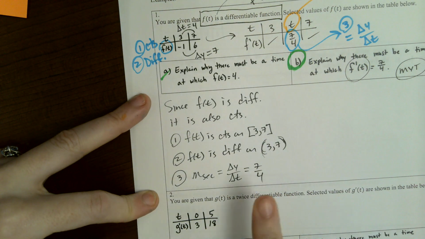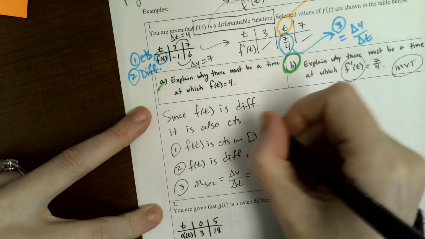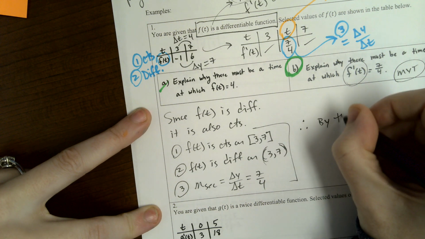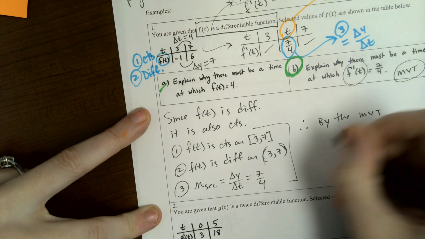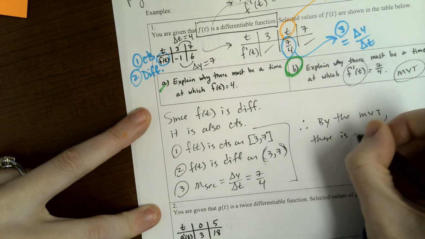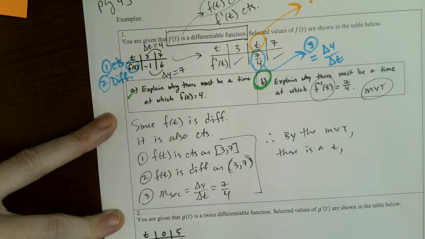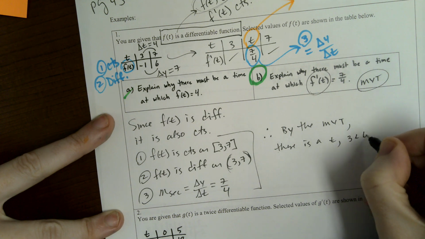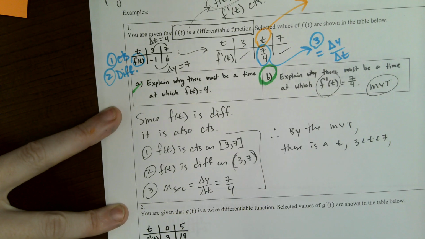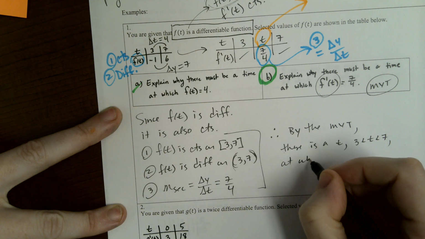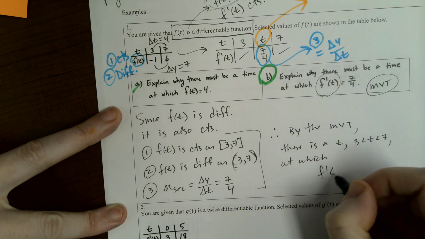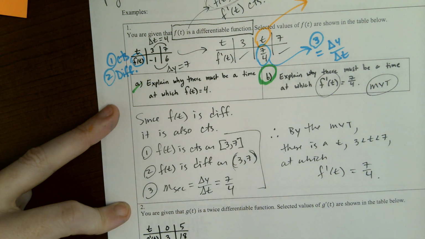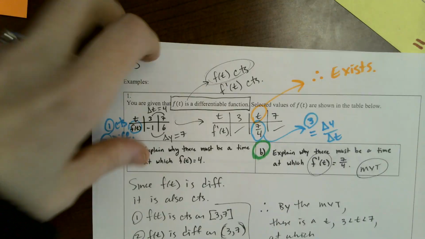I'm just verifying that. And then, therefore, by the MVT, there is a T, and now we're going to tell our reader where it is located. There is a T, 3 is less than T is less than 7, at which f prime of T equals 7/4. Okay, so that's how you do that.